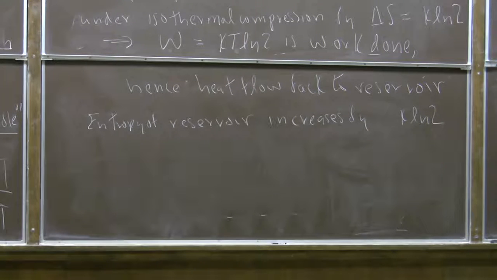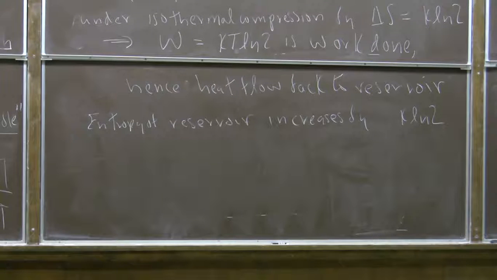So when I got work from the reservoir operating Szilard's machine, I pulled entropy k log 2 from the reservoir. I used that heat to do work kT log 2. Energy kT log 2 that I drew from the reservoir.